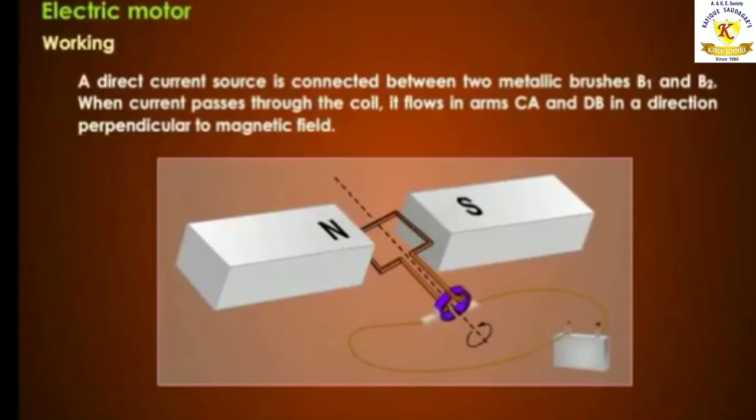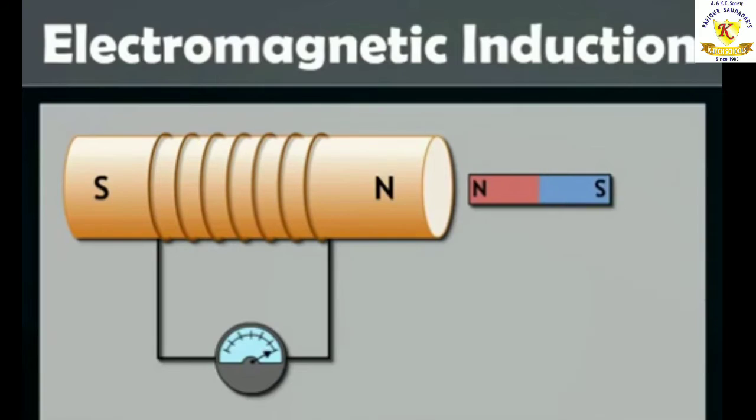This causes a sideways force to be created in the wire. The force causes the wire to turn, and this is how an electric motor works.